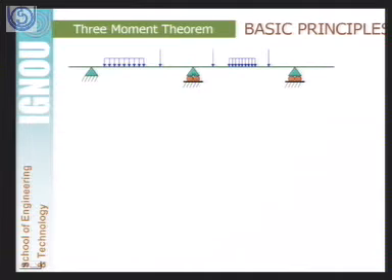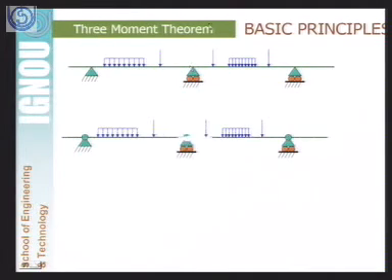What will be the effect? If we have released the moments at these nodes, the effect will be that these beams will become simply supported and there will be rotation at these nodes because of these loads. But as you know, in a continuous beam there will not be any change in the slope at these nodes because it is a continuous beam.